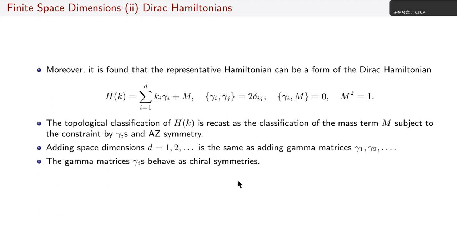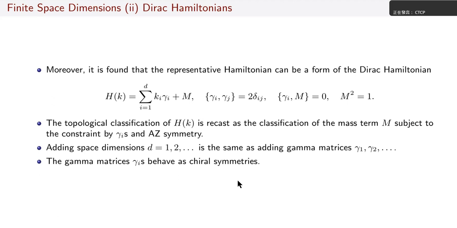Originally the Hamiltonian H(k) is any Hamiltonian, but in the context of K-theory, it can be in the form of a Dirac Hamiltonian, with k in the linear term and the mass term. The point is that the gamma matrices anti-commute with each other, and also anti-commute with the mass term m, and m squared is 1. Then the classification problem becomes very easy.